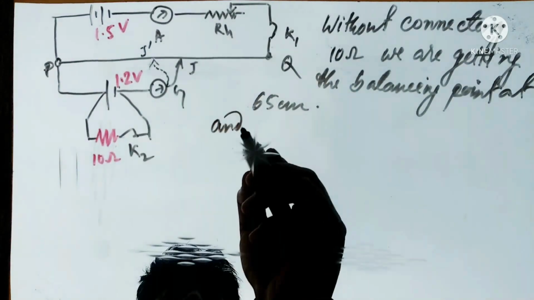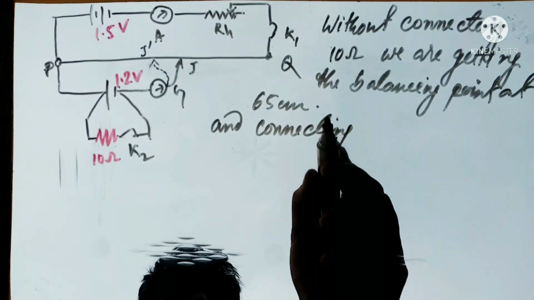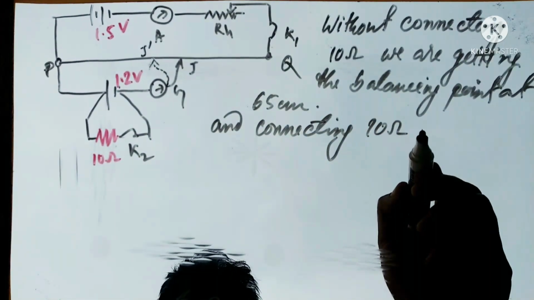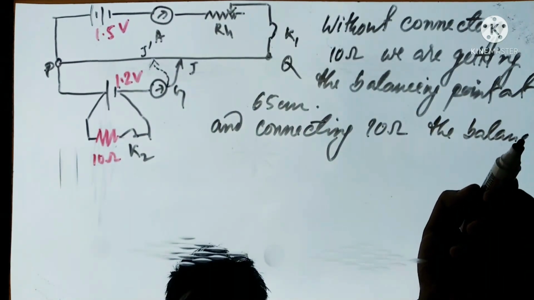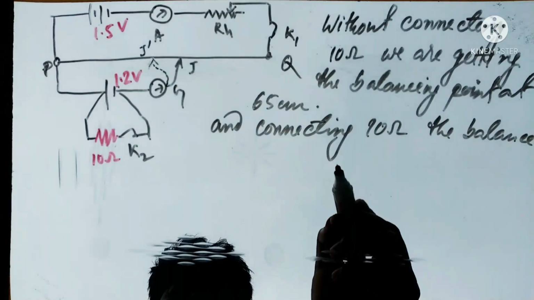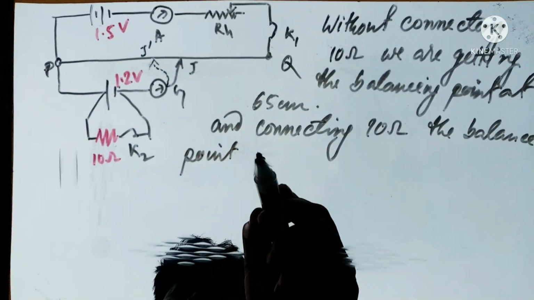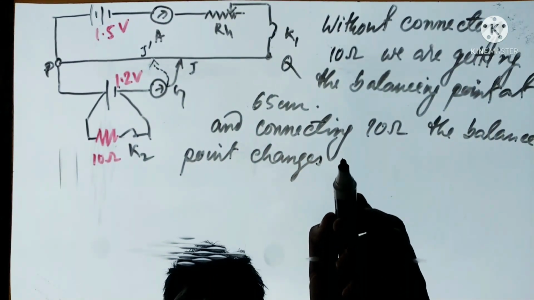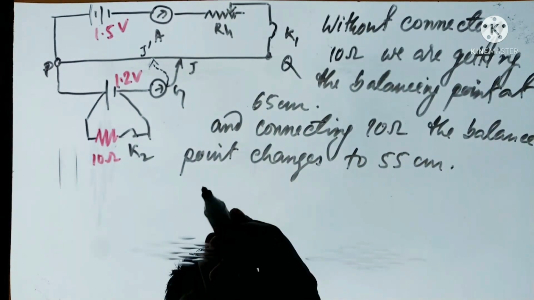So this PJ distance is 65 centimeter when 10 ohm was not connected, and connecting 10 ohm, the balance point changes to 55 centimeters.